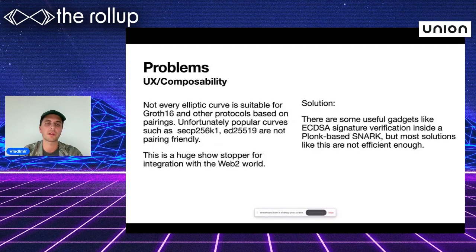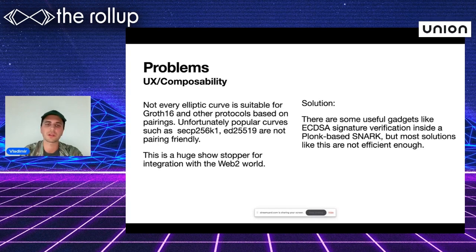Yeah, another problem is that there are lots of cryptographic primitives out there used mostly for authentication, such as ED25519, which is used in lots of protocols. And, for example, WebAuthn cannot be used inside the SNARKs.